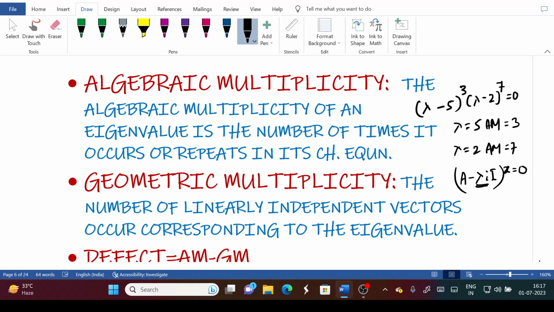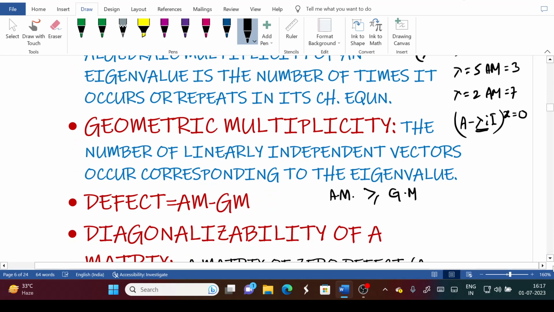That is the geometric multiplicity. We must know that algebraic multiplicity is always greater than or equal to geometric multiplicity. And if an eigenvalue has algebraic multiplicity 1, then its geometric multiplicity is also 1. It means for distinct eigenvalues, the corresponding geometric and algebraic multiplicities are the same.